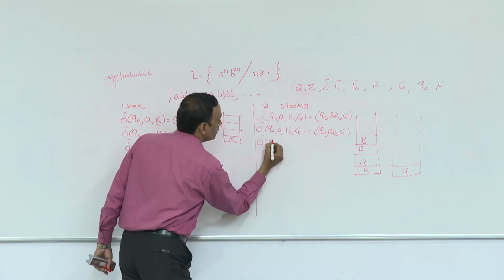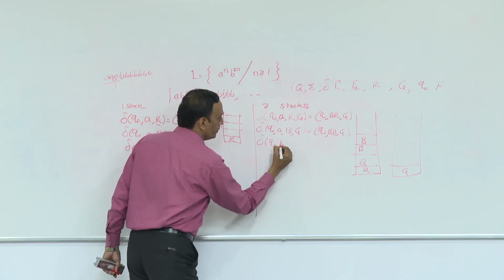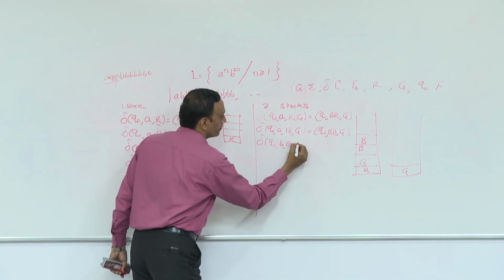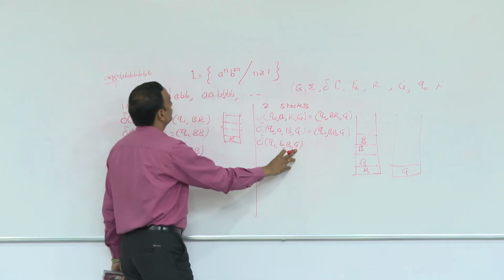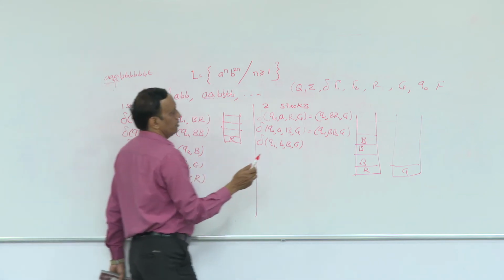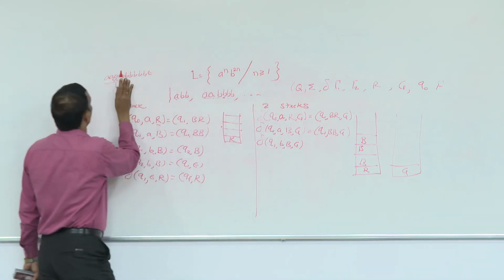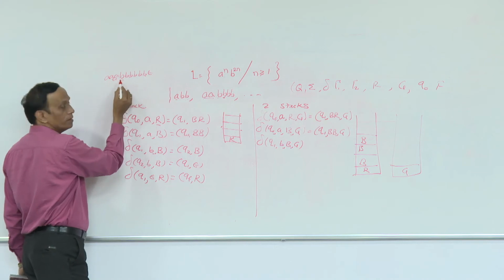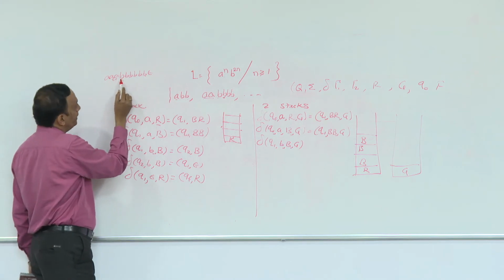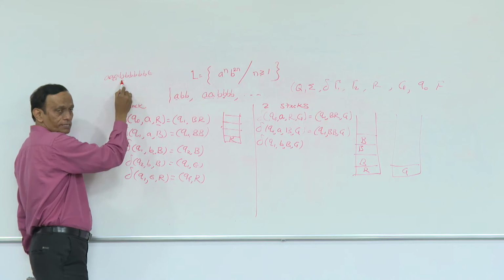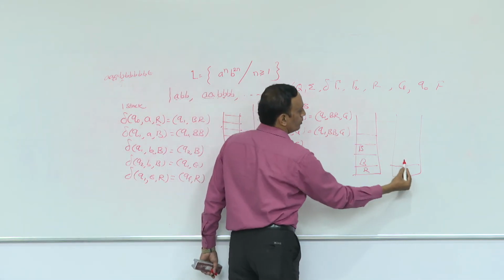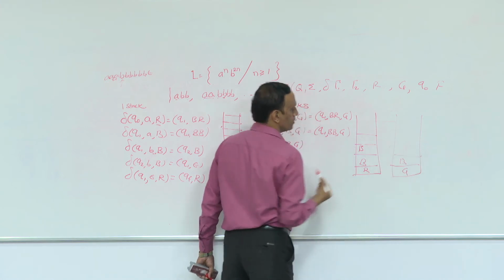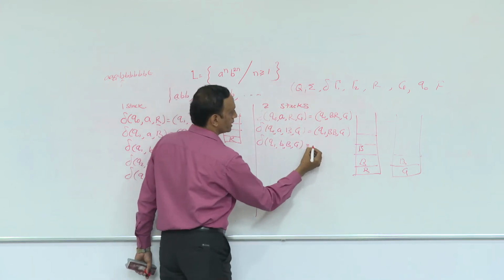Now what is the scenario? We are in Q1, we got B, at the top of the first stack we have B, and at the top of the second stack we have G. Whenever we get the first B, we pop from the first stack and push it to the second. So how exactly can one write this?